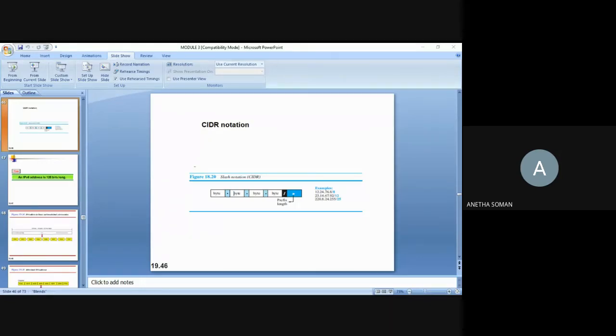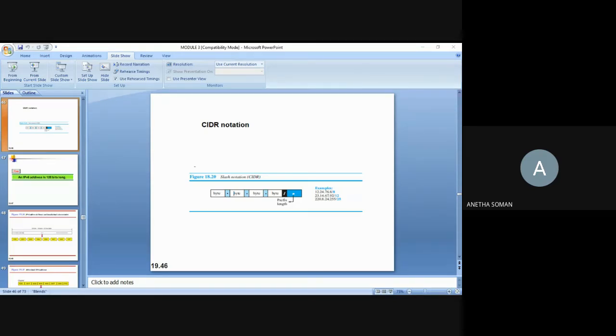Now, if I want 1000 addresses, I will be provided with /22. Like that, it goes. That is the importance of CIDR notation. If I need a block of addresses, I will be provided with the mask value based on that. Understood what is classless addressing or classless routing?